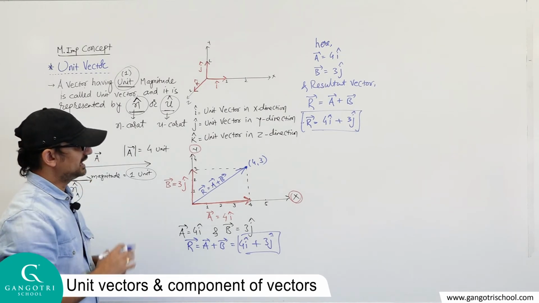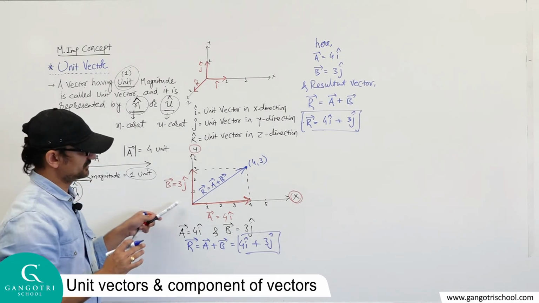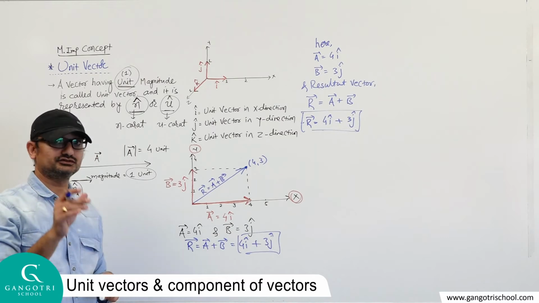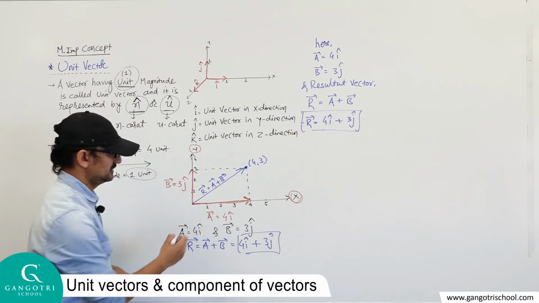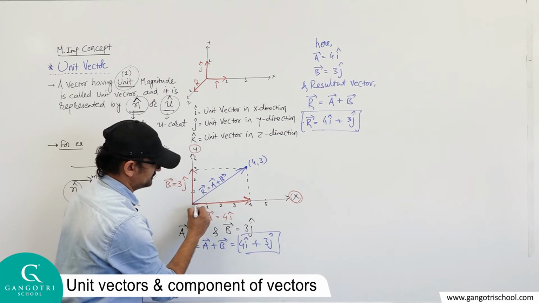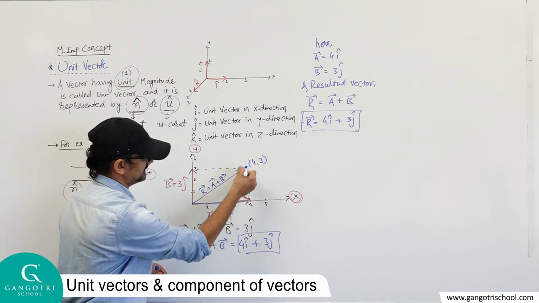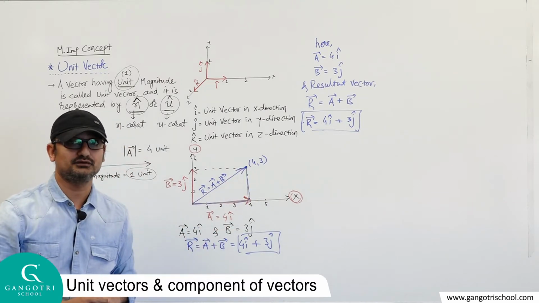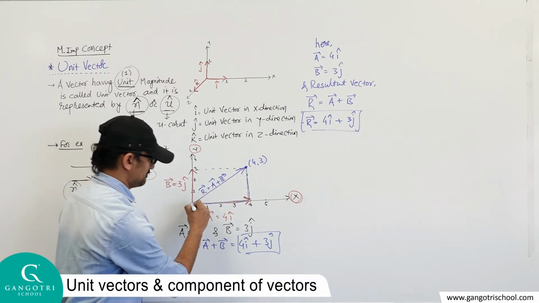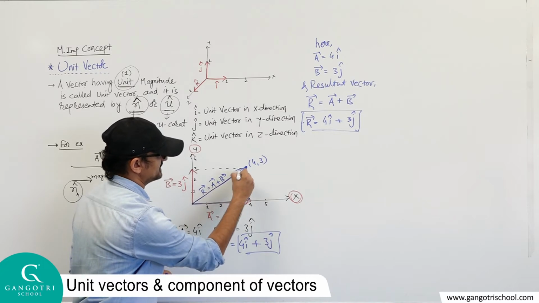Now, how to find the magnitude of this resultant vector? That is most important. We all know the Pythagoras theorem. According to the Pythagoras theorem, this side is of length 4. This side is of length 3. So the hypotenuse is definitely of length 5. The magnitude of this resultant vector is 5.